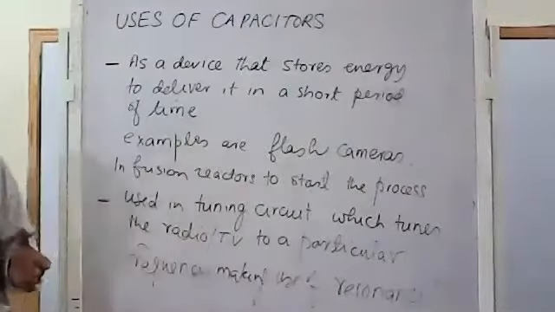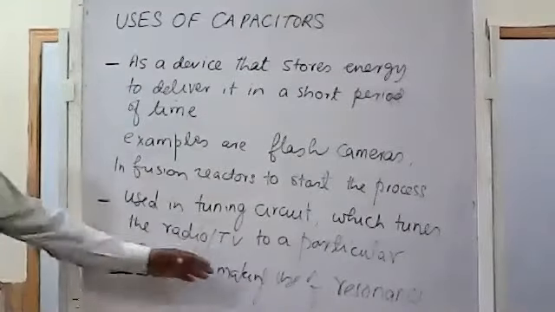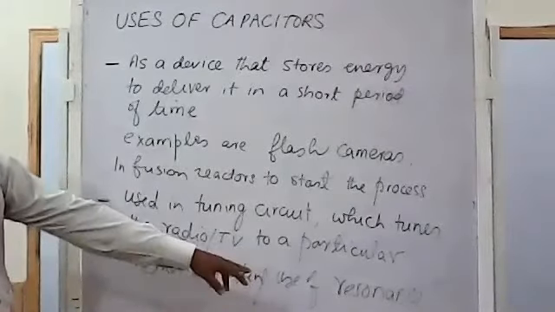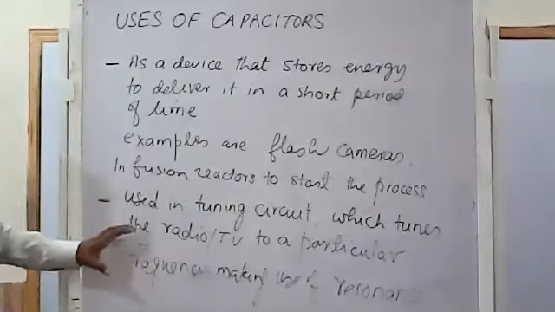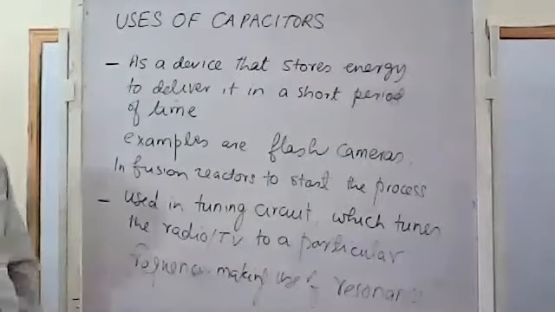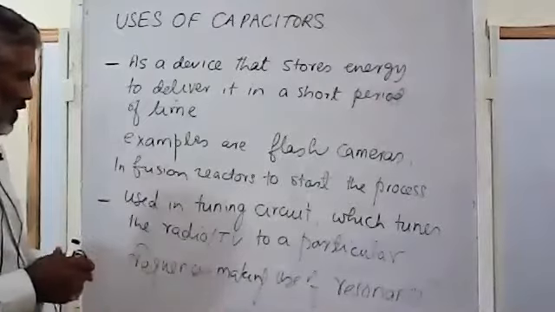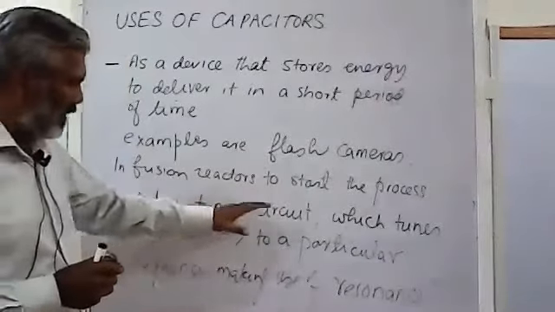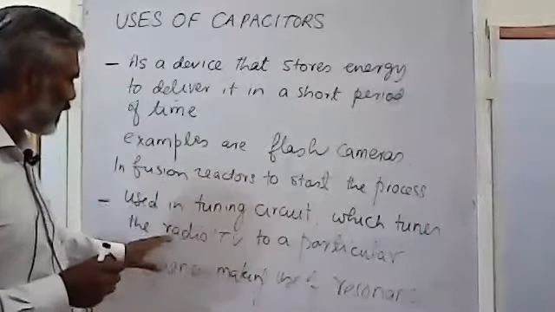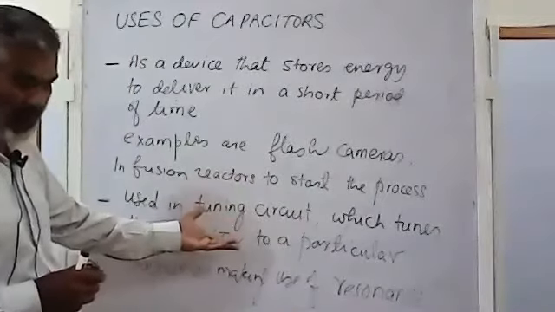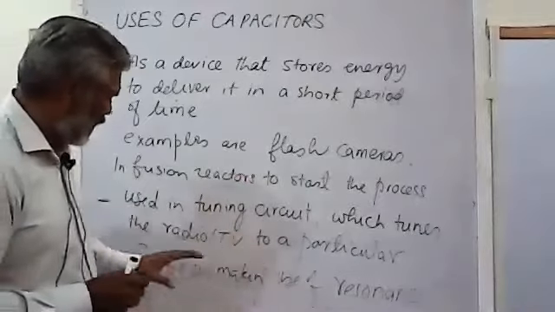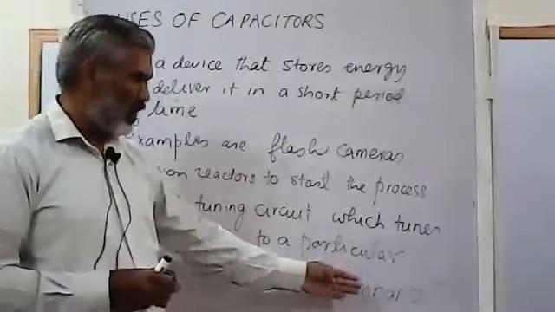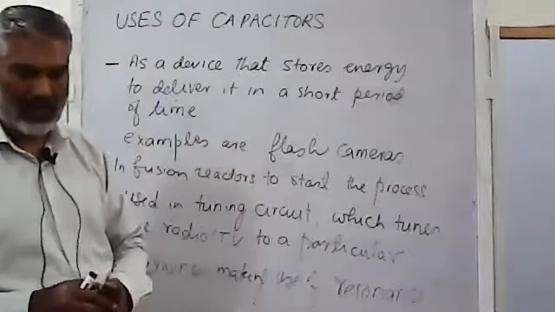That means resonance has taken place, and we have already discussed this particular example of resonance as well. So a tuning circuit, which is an electrical arrangement used for tuning the radio or TV or any other device to a particular frequency, makes use of the already discussed process called resonance.